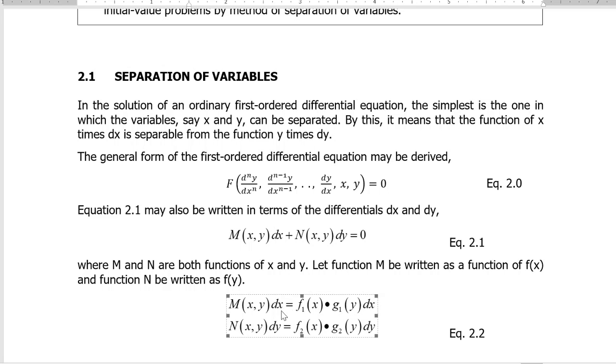M can be separated when you can separate x and y, a function of x multiplied by a function of y. And then N is f2(x) times g2(y), a function of x and a function of y joined by a multiplication sign.